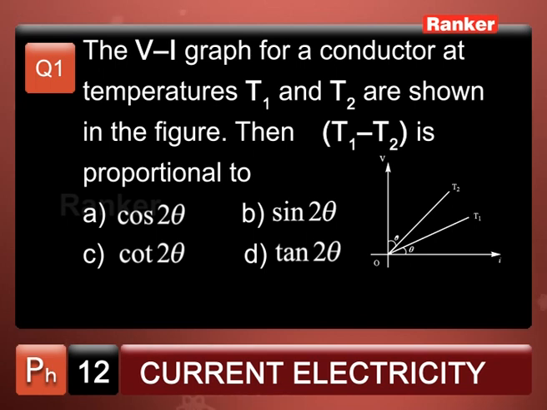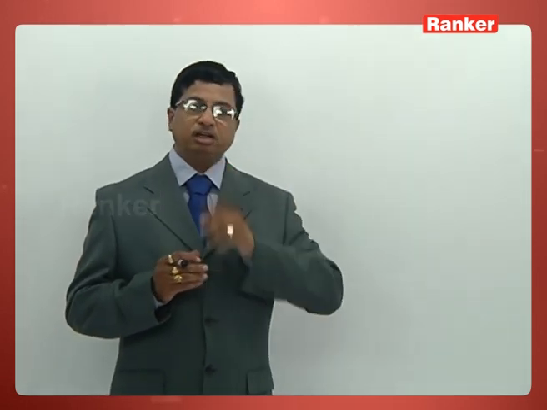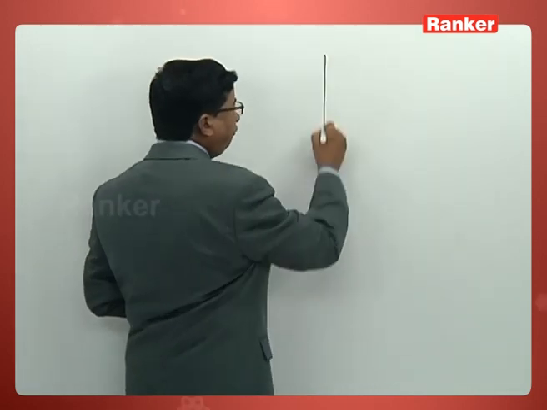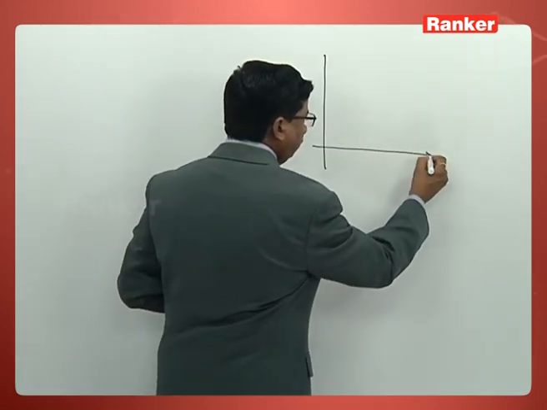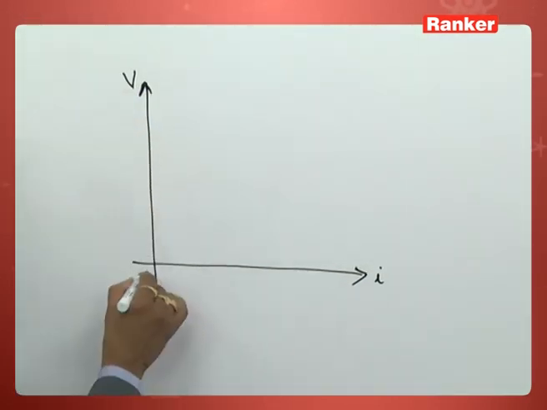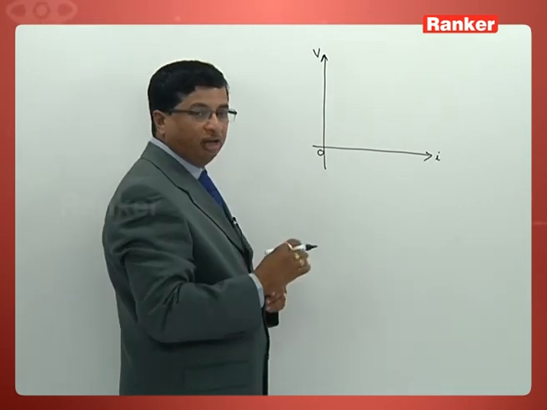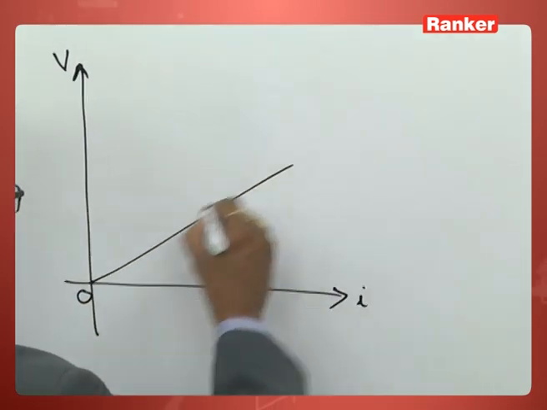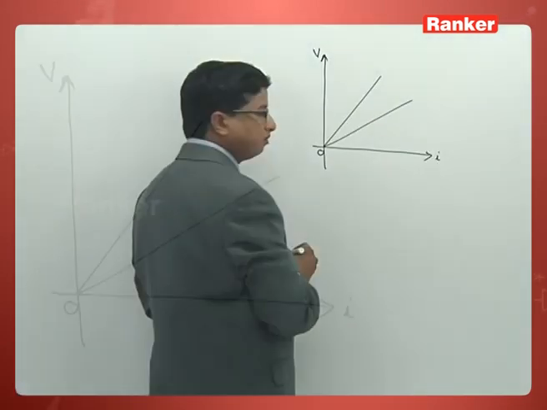In fact, this particular question, what we are taking up as the first one, is directly dealing with the relation between voltage and current. You know very well, in the graph that has been provided to us, current is given on the x-axis, voltage is taken along the y-axis. In addition to that, he has given us two straight lines like this.